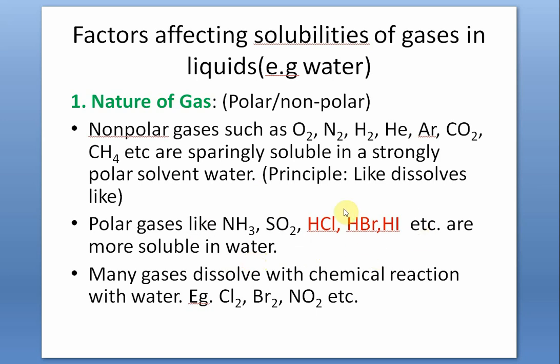But highly polar gases like hydrogen chloride, hydrogen bromide, hydrogen iodide, they undergo complete ionization, are highly soluble. These polar gases, ammonia, SO2, they are highly soluble in water because of the hydrogen bonding interaction, as you know, and this is not only hydrogen bonding interaction but also ionization, complete ionization and hydrated ions.